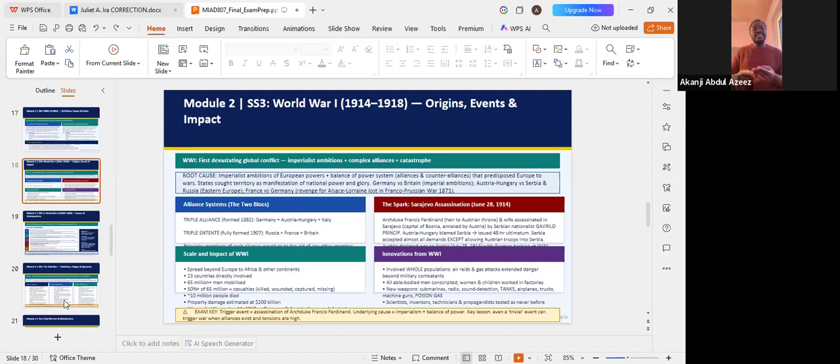The second one is the shift in the global power structure. Because European dominance declined significantly after the war.